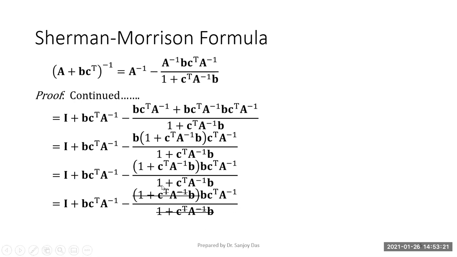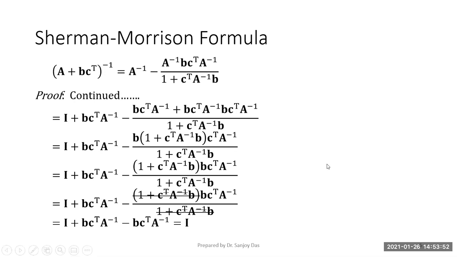What have we left? The third term is negative BC transpose A inverse, right? And so we have plus BC transpose A inverse minus BC transpose A inverse. These two cancel out. So this is I. We're left with I here. And so we just showed the Sherman-Morrison formula to be valid. Okay.